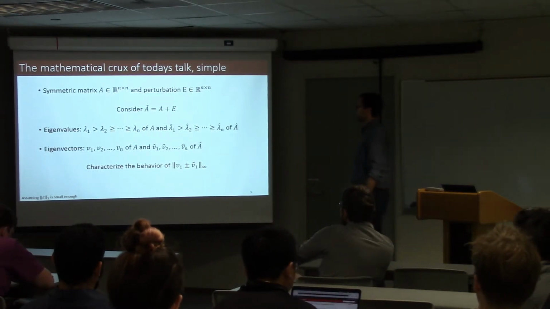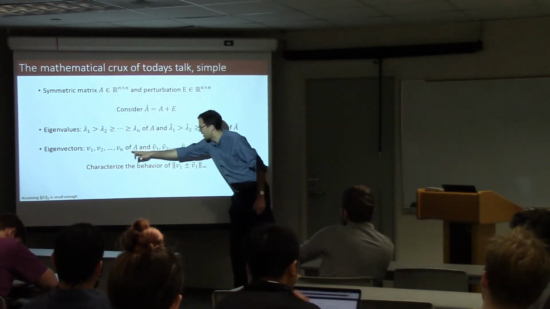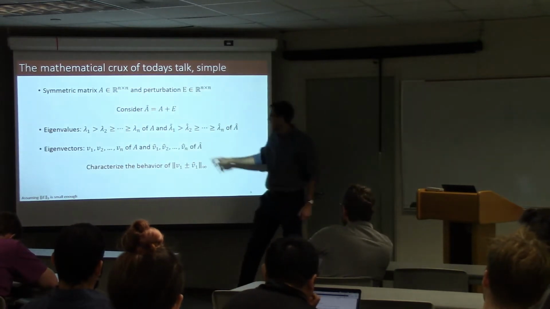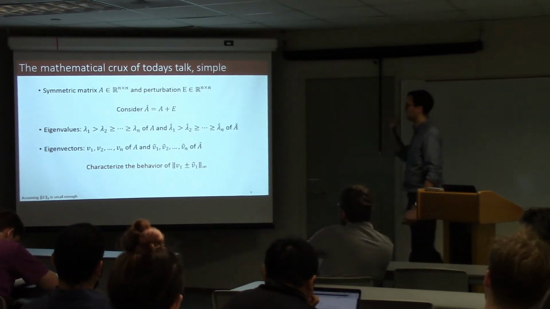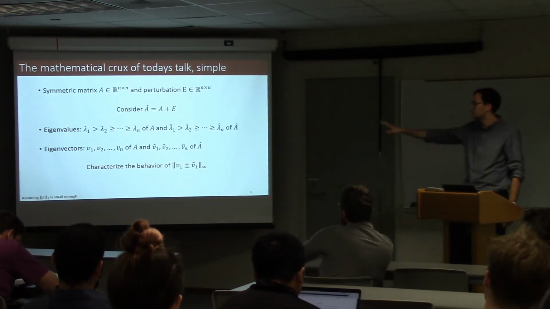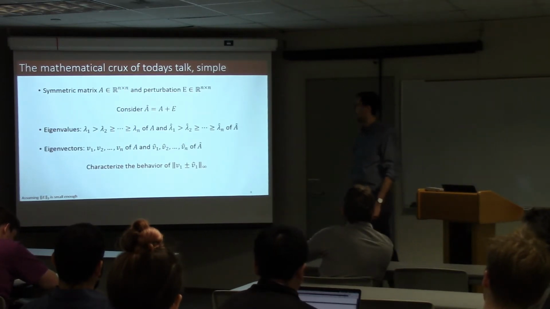The same for the eigenvectors. So v1 through vn are eigenvectors of A, v1 hat through vn hat are eigenvectors of A hat. At least the first eigenvector here is uniquely defined because lambda 1 is strictly bigger than lambda 2. Others could have a lot of invariances in them, but v1 and v1 hat are well defined.